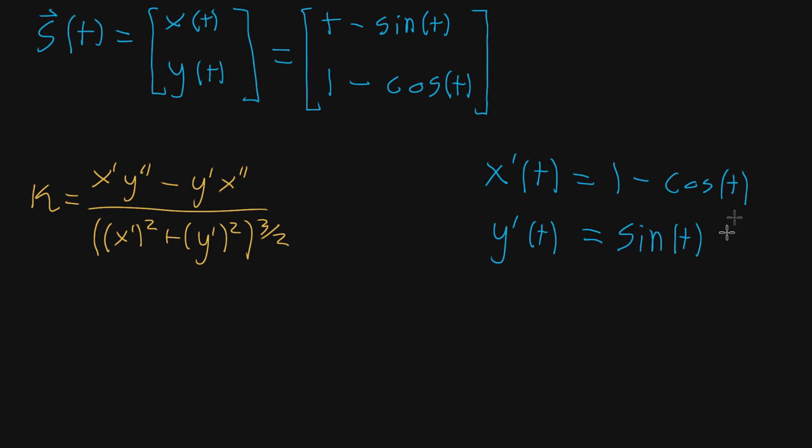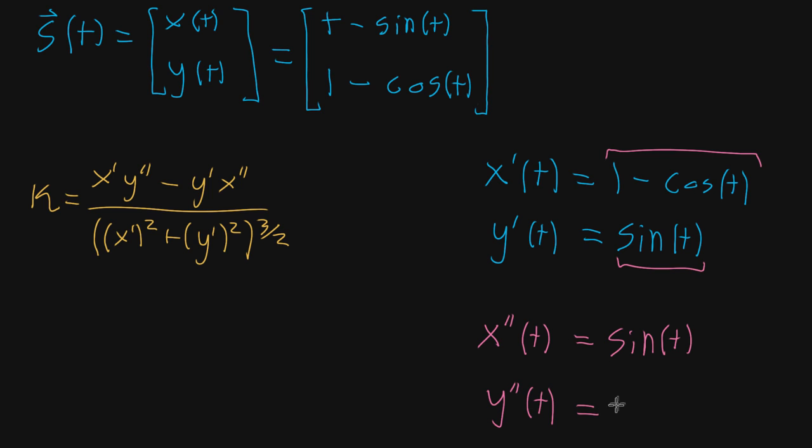And then when we take the second derivatives of those guys, x double prime of t, we're taking the derivative of this, which actually we just did, because by coincidence the first derivative of y is also the x component, so that also equals sine of t.